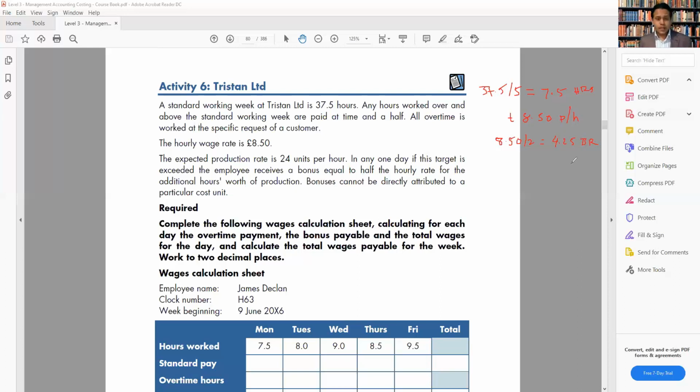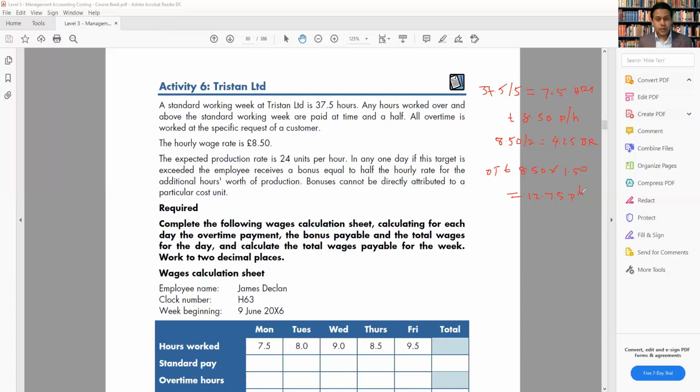So if I want to get a bonus, that will be £4.25 per hour. Then the overtime is time and a half. So overtime rate is 8.50 times 1.50. So how much is it? 8.5 times 1.5, 12.75. Thank you, Nazia. 12.75 per hour. That's overtime.